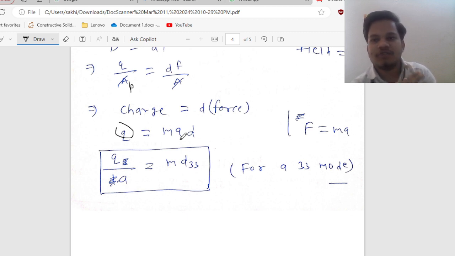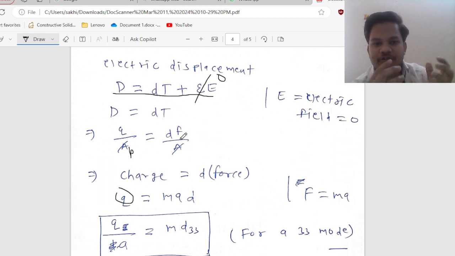Also I want to clarify that this derivation is not accurate, because we are just trying to interpret it, or trying to match the relations between q, a, m and d. So that's why this is not the actual derivation.